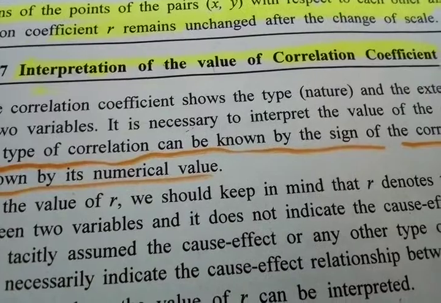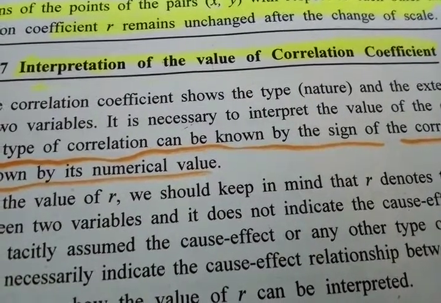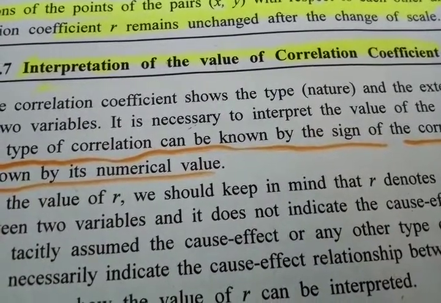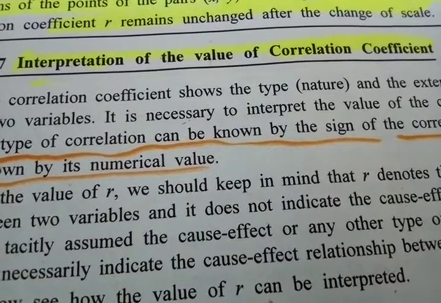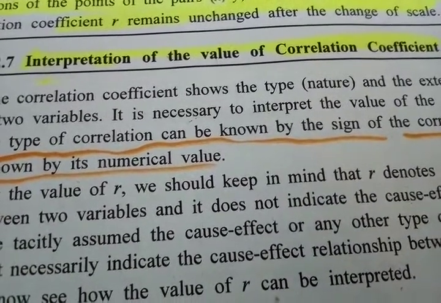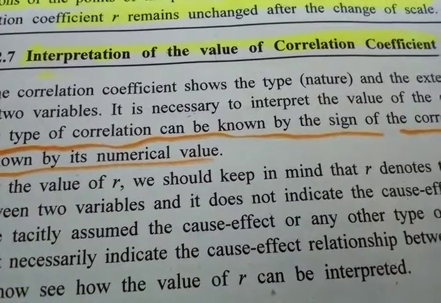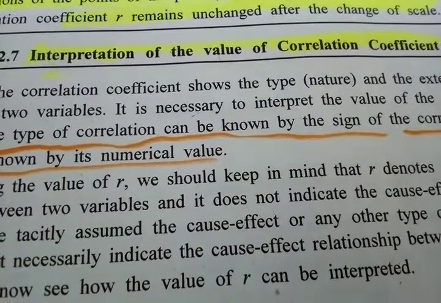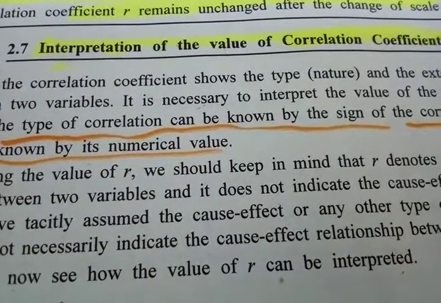Continuing with our discussion on linear correlation, let us try to interpret the value of a correlation coefficient. As you have already learned, the correlation coefficient shows the degree and direction of the linear correlation between two variables.